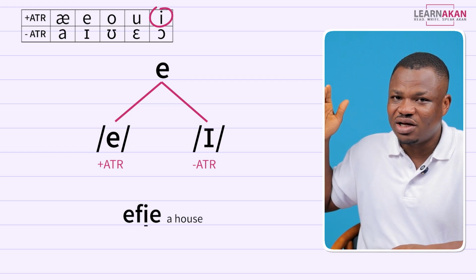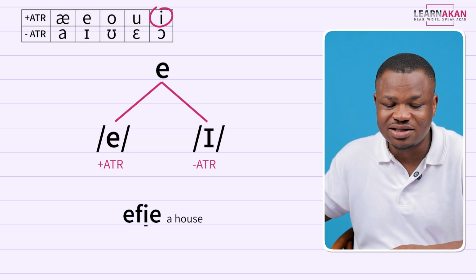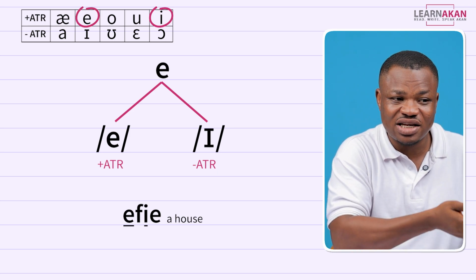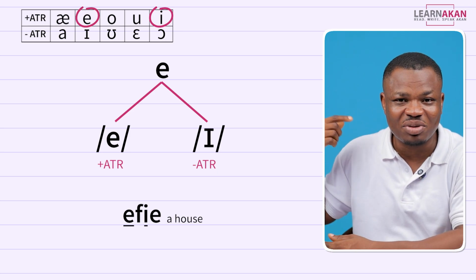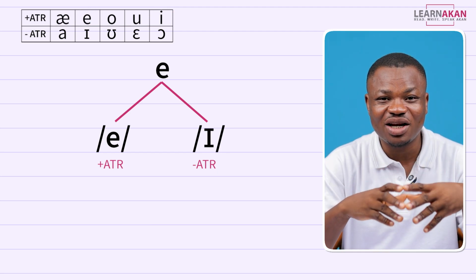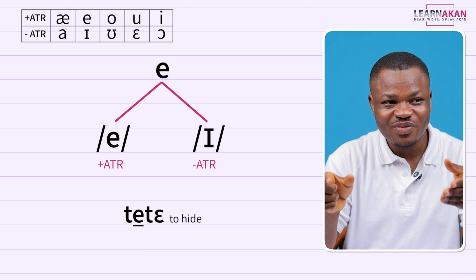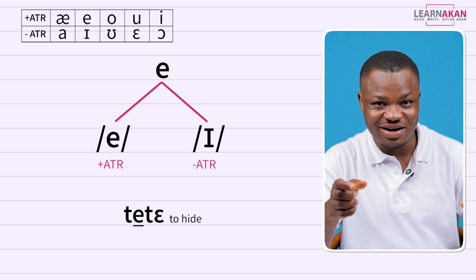So once we have E from the plus ATR set, then the A in front will most likely be pronounced as E, because E is what we have in the plus ATR set. But if you have a word like tete, we have the vowel E coming after the initial T, right?